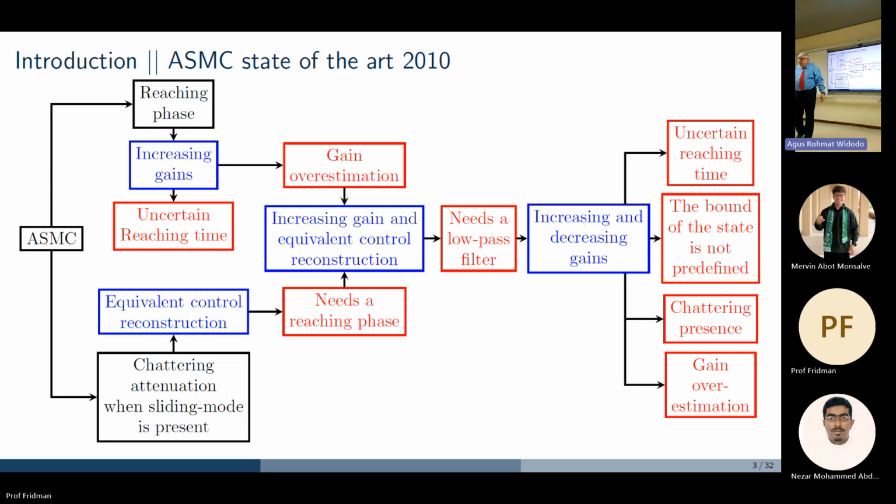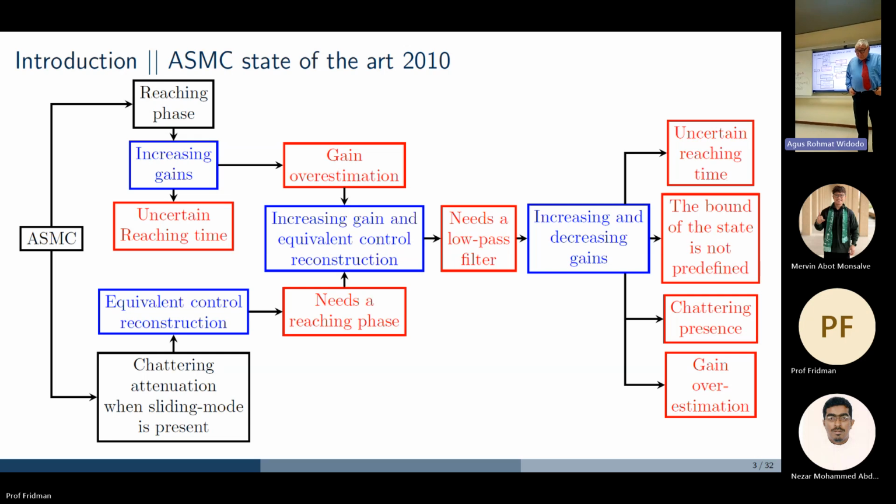You never know if it is already done or it is still not, because you don't know when you will reach it. So the reaching time is uncertain. So we will increase the gain and we will control the reconstruction. We will need a low pass filter.